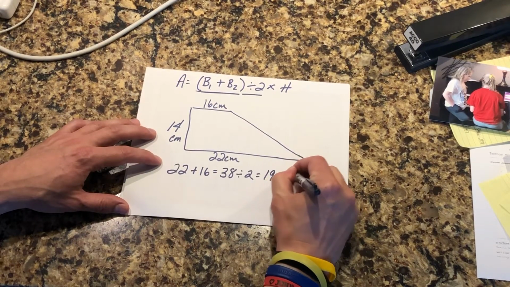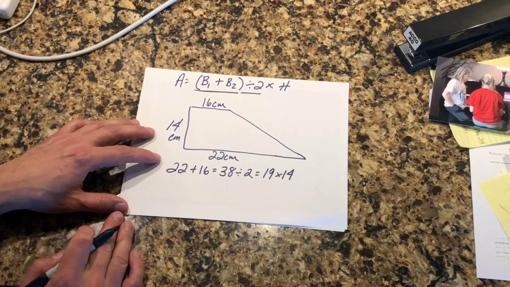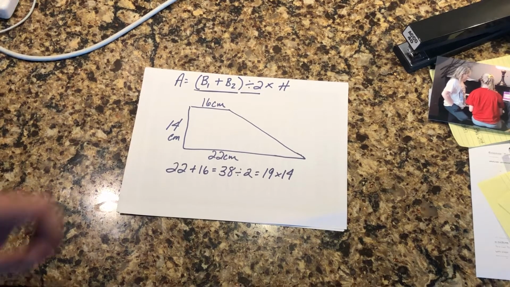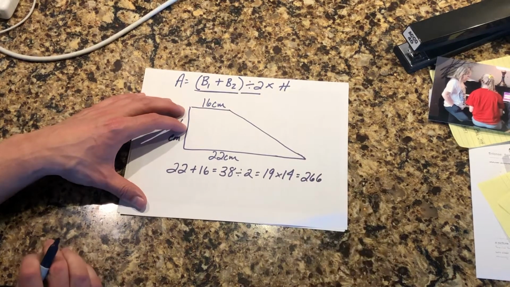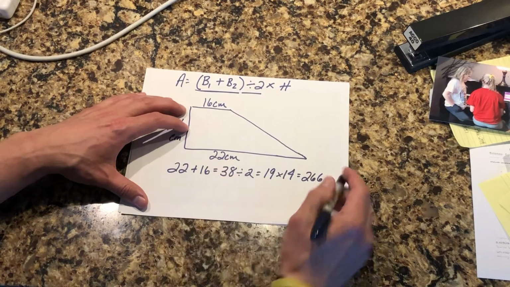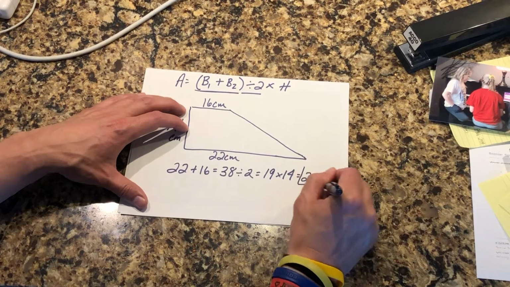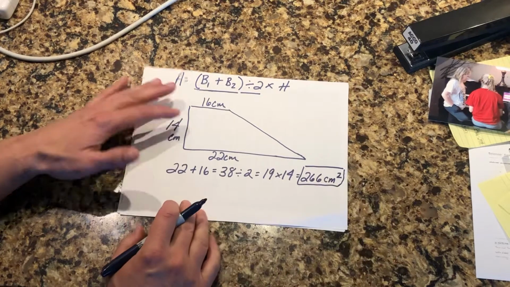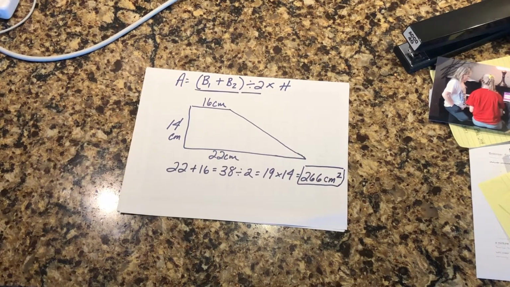So 19 times 14 should give us an answer of 266. And again, my label is centimeters, and I'm finding area, so I have to have an exponent of 2. So 266 centimeters squared is the area of that trapezoid.